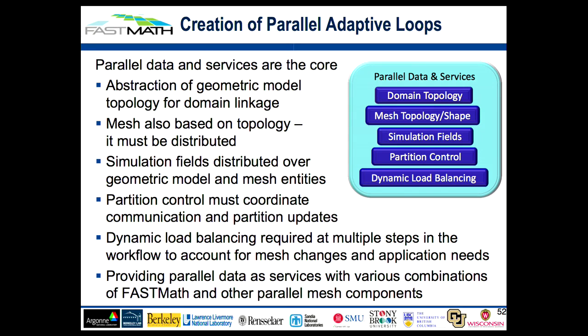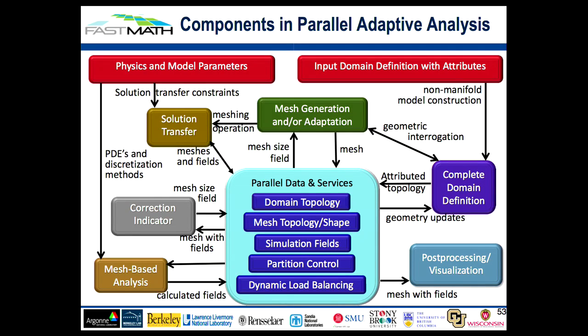So that's the image on the upper right there, the pieces of that. That is the fact that we have an understanding of the overall geometric domain that the problem is defined in terms of. There is then information on the mesh topology and its shape information for the mesh entities, the simulation fields, the partition control and dynamic load balancing, right? So we've got this distributed topology, et cetera, and then we can couple these together.